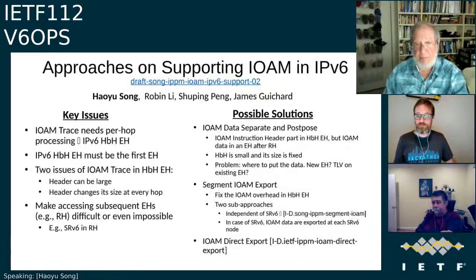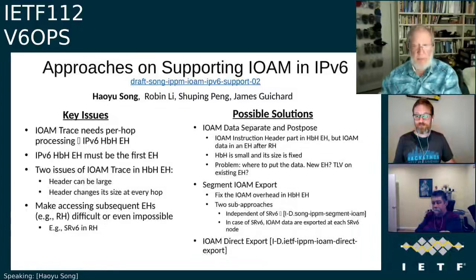There are basically two approaches. In the context of SRv6, we can enforce that we export the collected IOAM data so far at each SRv6 node, which means at that place we will first clear all the data collected so far, and then keep the HBH header length short.